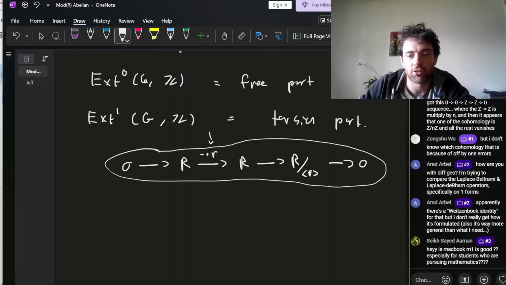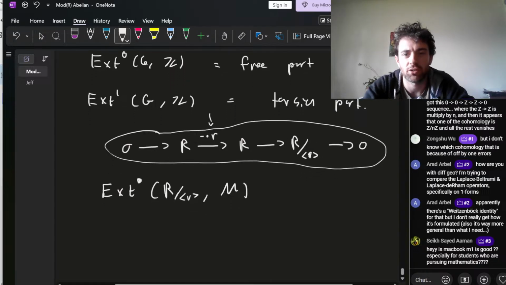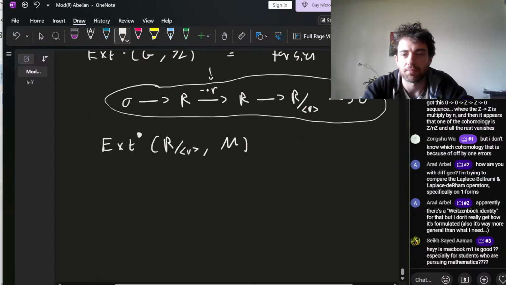So if R is an integral domain, then you can use this to compute Ext of this. Here's another exercise I'm challenging you with: do this computation.